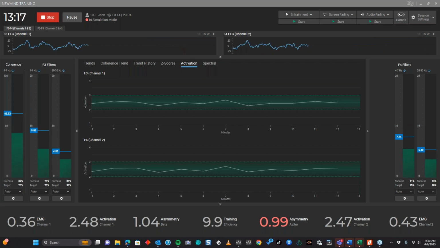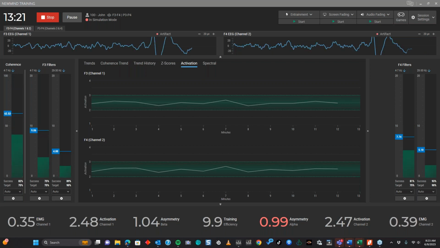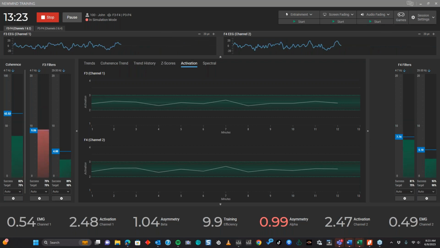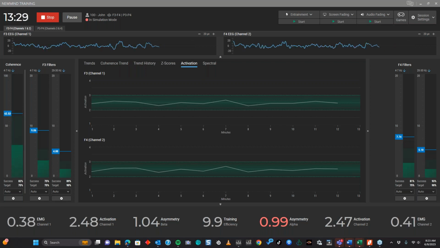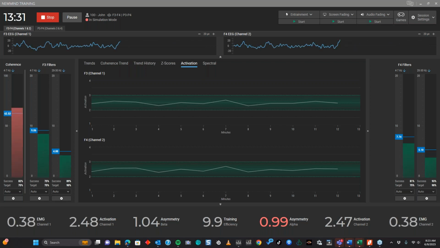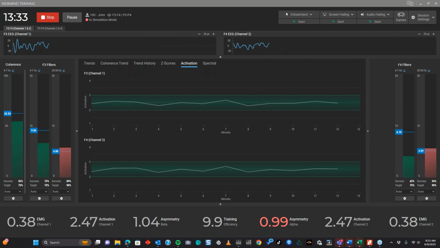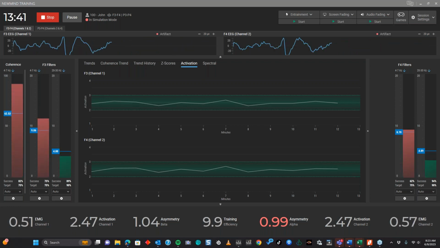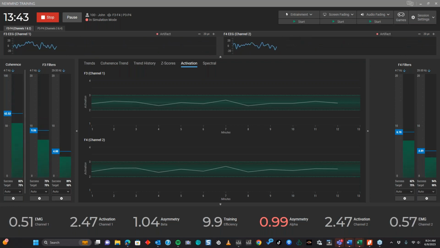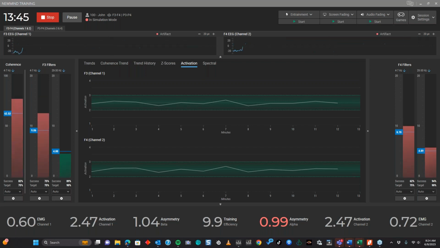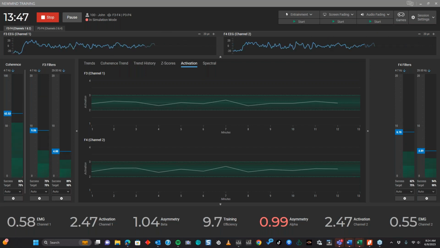If you have somebody that you're training for focus, attention issues, working memory, or symptoms that are caused by excessive delta and theta, and you decide to run protocol 3, keep in mind that delta and theta should have roughly a 1 to 3 microvolt change within at least the first 3 to 5 sessions.